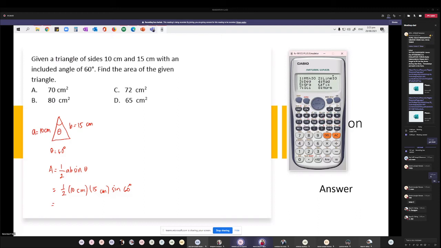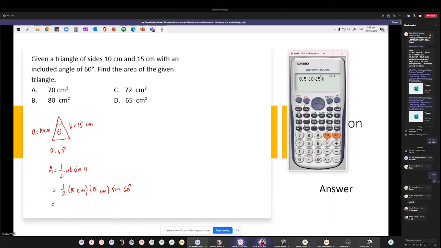If I press 4, the R appears on the upper part of the screen. We should not use that because our angle is in degrees. If you use the radian mode, your answer will be wrong. So go back to the setup, shift mode, and choose 3 for degree mode.